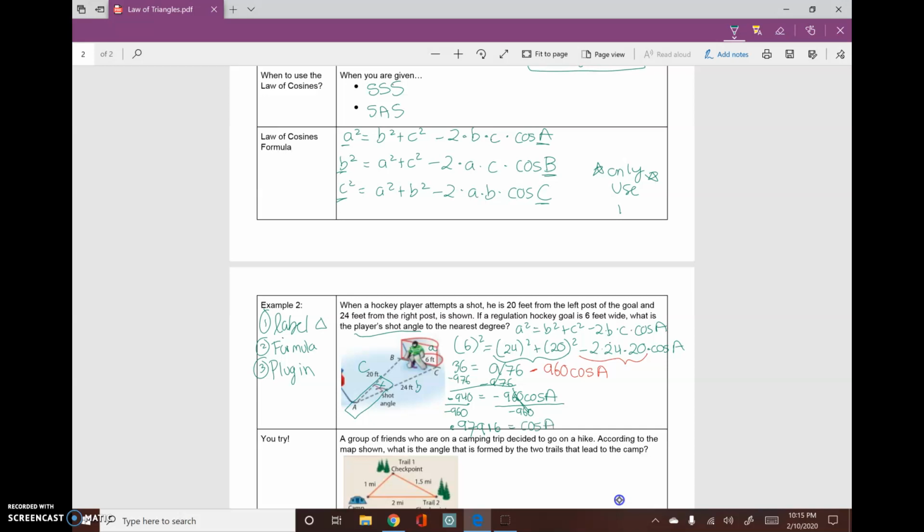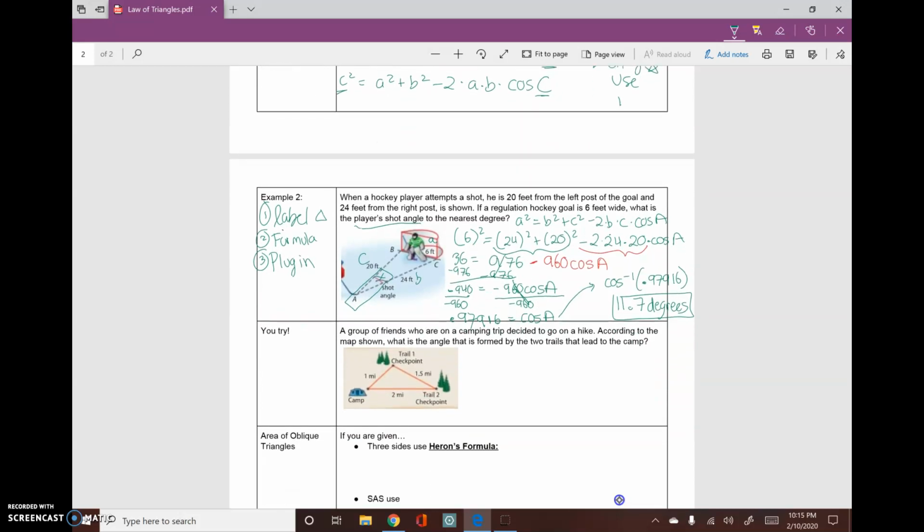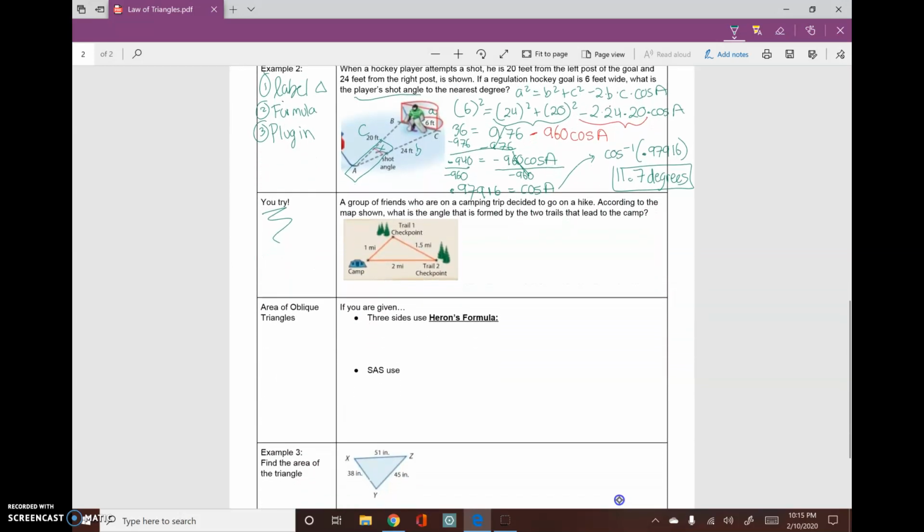Cosine of A. Now to get rid of the cosine, we do the inverse. So then the inverse of 0.97916 is going to give me 11.7 degrees. Make sure that your mode is in degrees. So you will try this one for the U try, and I will check your work for that.